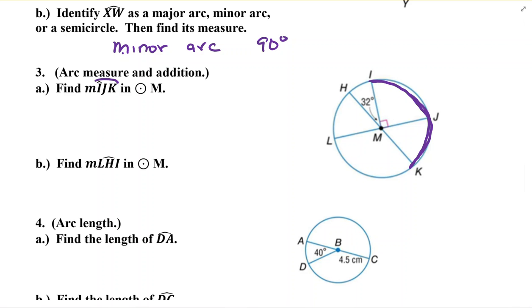To look at it, if I took 180 degrees and subtracted this amount right here, I would get IJK. So I'm going to do 180 minus 32, which would give me 148 degrees.